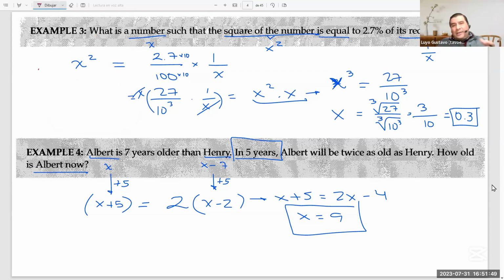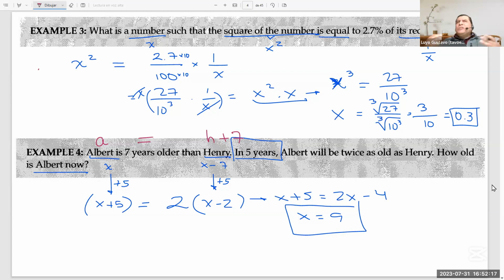Don't use x, y, or z. Try to use, for example, Albert's age, A, Henry's age, H, actually. So you might say that, for example, the present age of Albert is Henry's age plus 7 because Albert is older. Now, why define the variables for the present ages? Because it's simpler and less confusing, right?